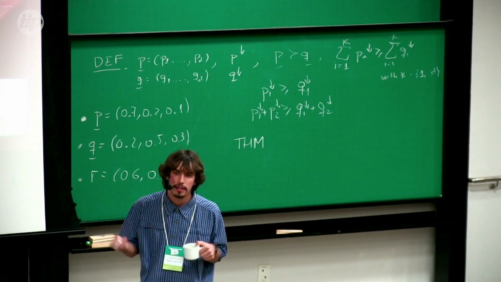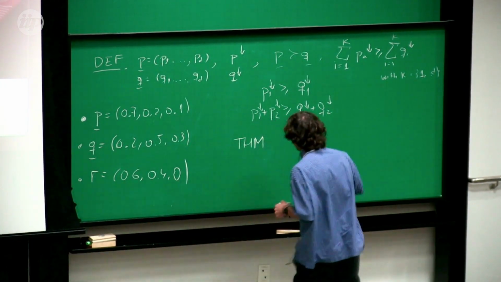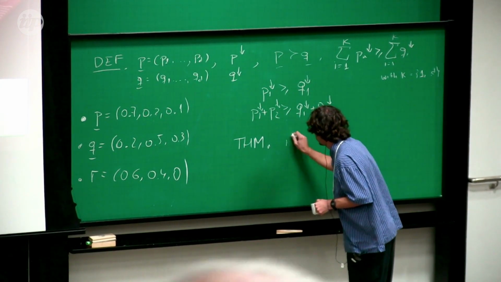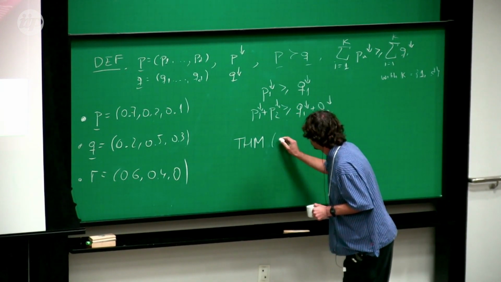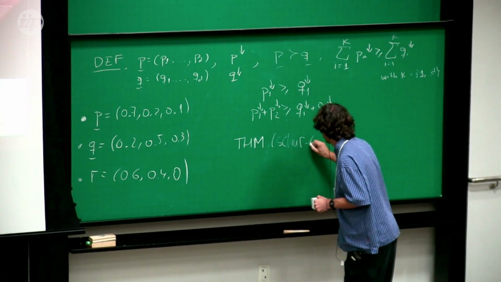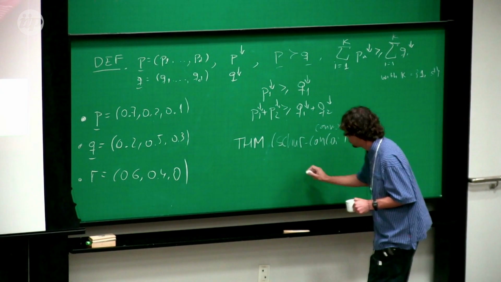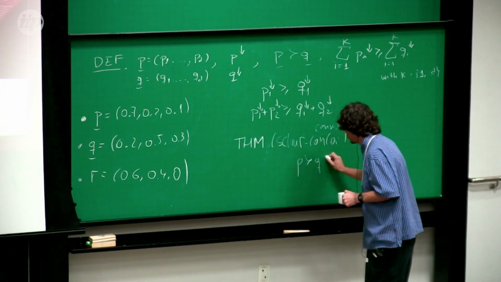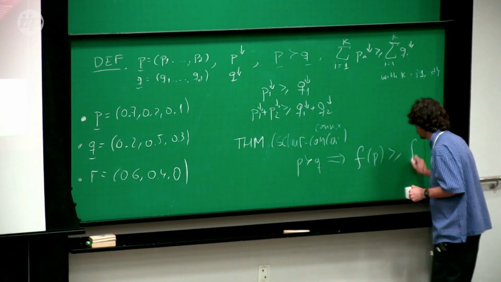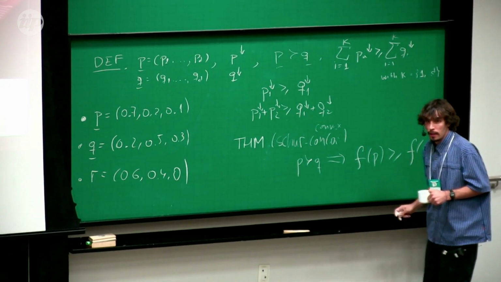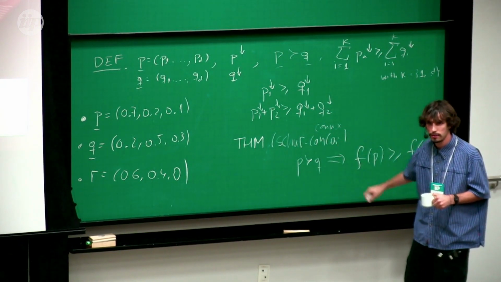For this type of thing, Shannon entropy is a monotone, and then there's a theorem which says that if P majorizes Q, then this implies that there's a function f which acts on P that is greater or equal to f of Q. And if this is true, this is called Schur convex. Concave is precisely the other way around. Yes.